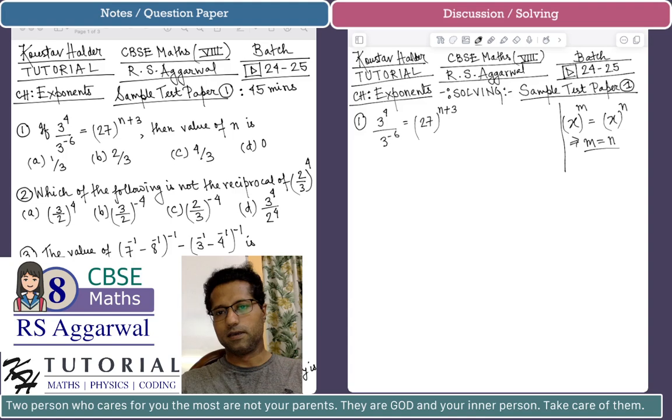Now in the given problem, you may not see immediately that the base on both the left hand side and the right hand side is the same, so you have to do a little bit of simplification.